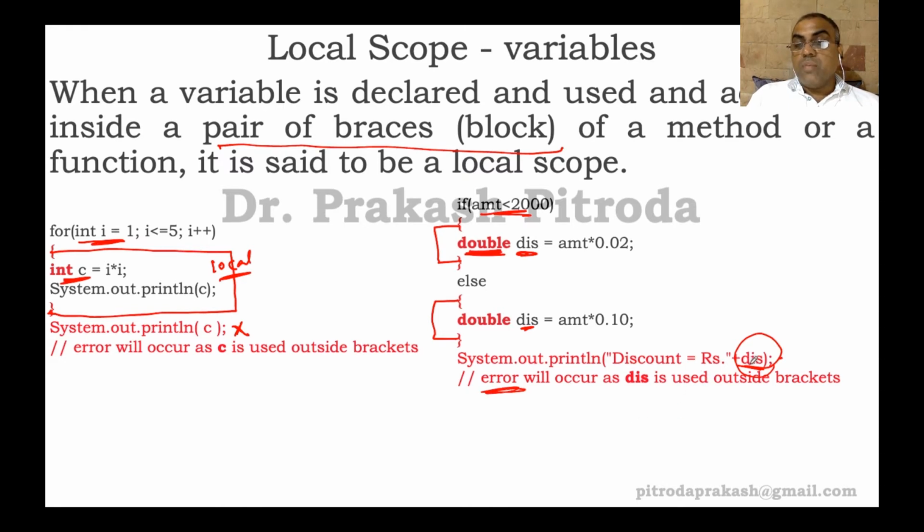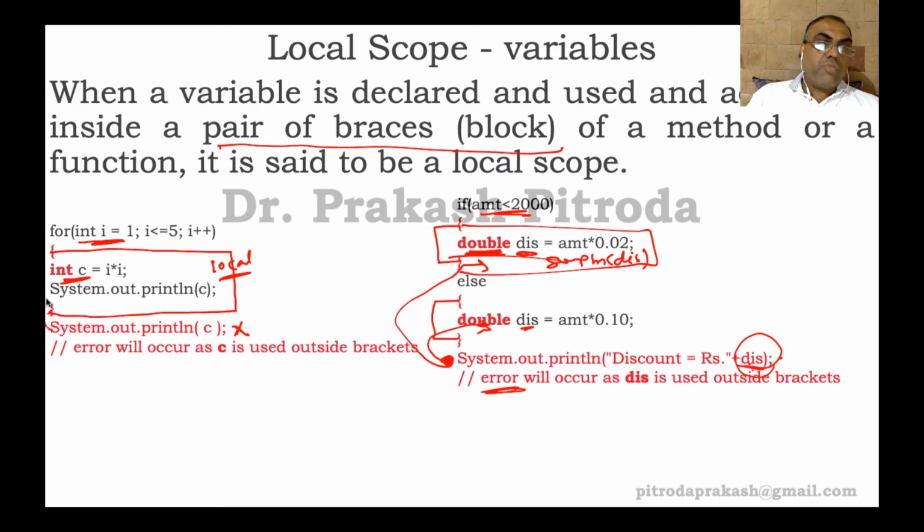Because the variable is being accessed outside the block. So I cannot use this beyond this. In the worst situation, if you have to, you also need to write System.out.println here. This statement should have been either here, or here and here both, otherwise it will not work.